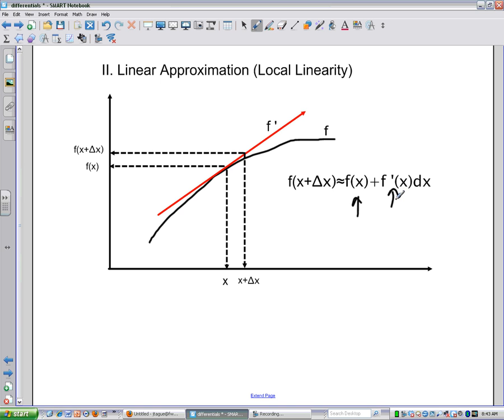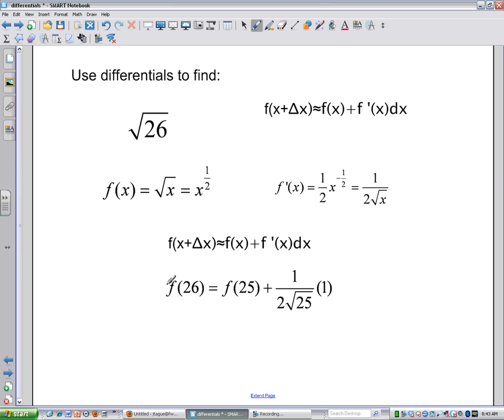Because in terms of local linearity, this is like change in y over the change in x. If I multiply that by dx, I've just got the change in y left, right? Those are gone. So if I take the value of the function and add how much y changed by, I've got the new value. So this represents how much my dy changed. We'll do an example or two, and you'll see exactly what I mean, hopefully.